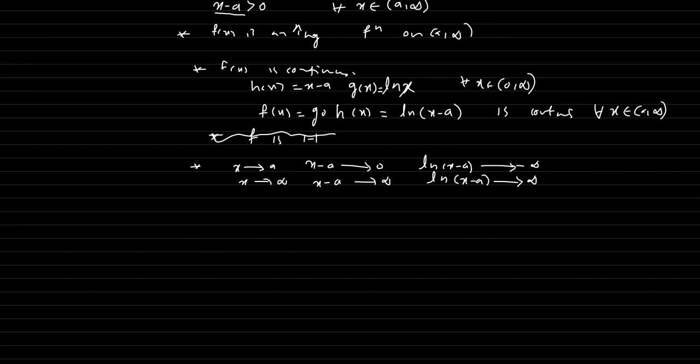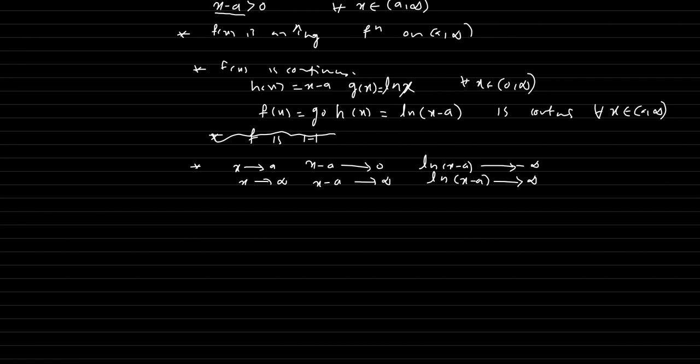So, this is an increasing continuous function, and as x tends to a, f of x tends to minus infinity, and as x tends to infinity, f of x tends to infinity, which means that what? Which means the range of f is the whole space R. So the range of this function is R.